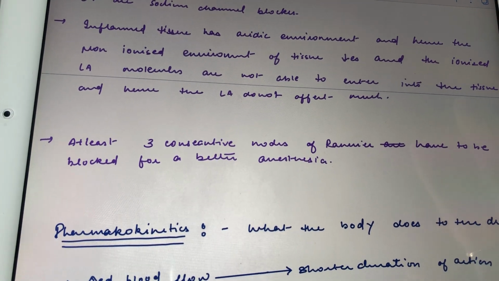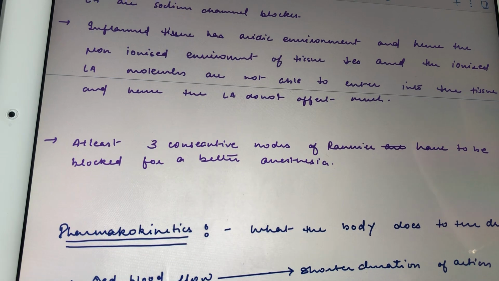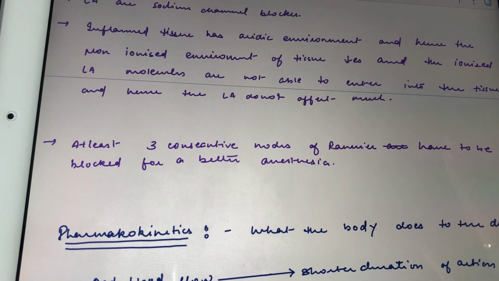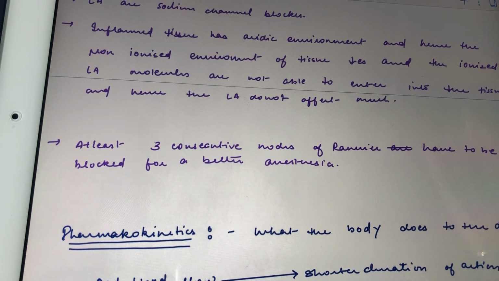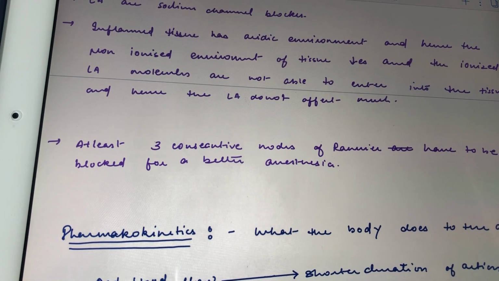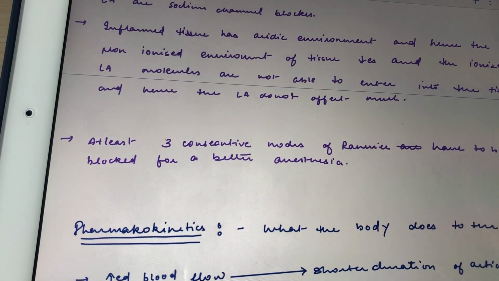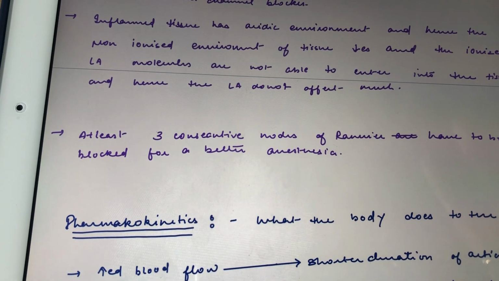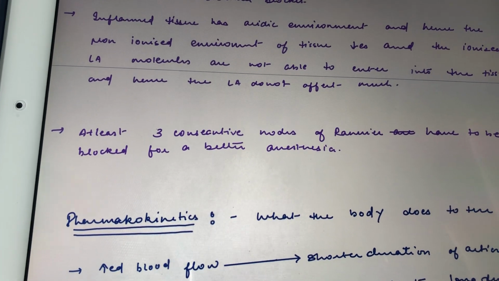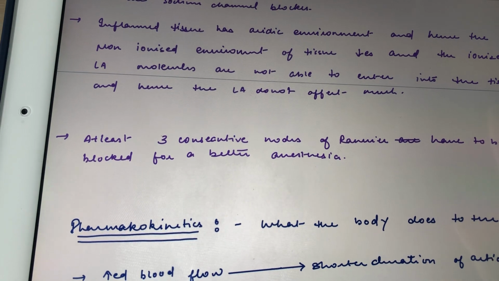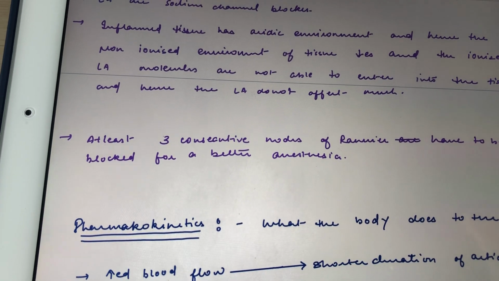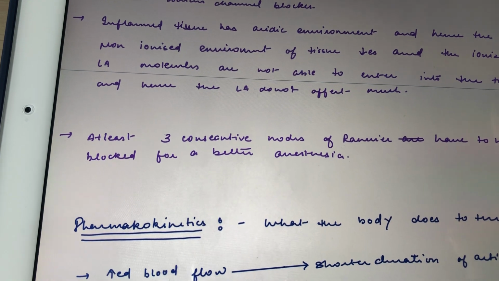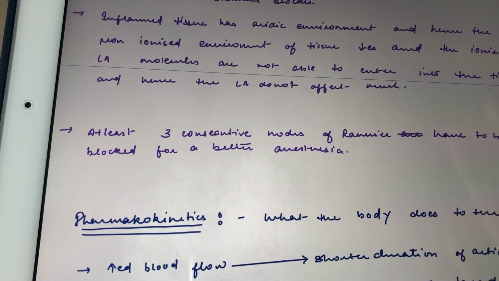For example, if a person has an acute abscess and that part is very painful, first of all antibiotics are given, the infection is controlled, and later on the procedure is done.